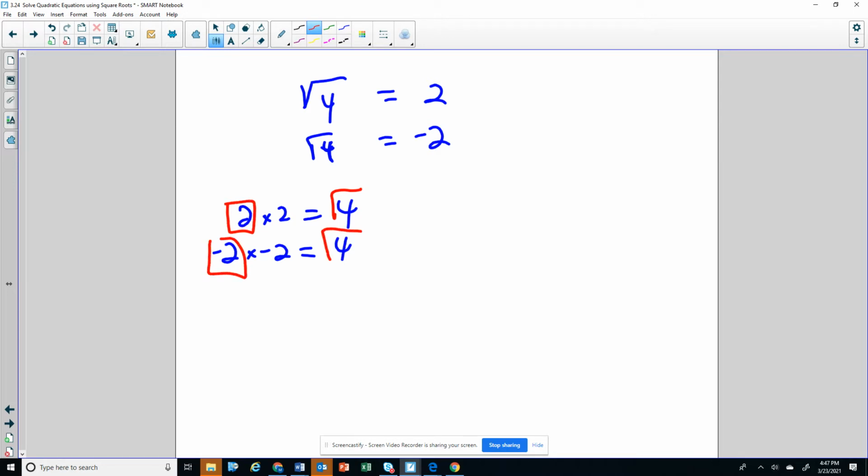All right. So when we take the square root of 4, there are two answers. There's a positive 2 and a -2. But in the past, when you were asked the square root of 4, you always gave positive 2 as the answer. So from now and in the future, when you take the square root of a positive number, there are two answers, a positive number and a negative number. So let's look at an example.